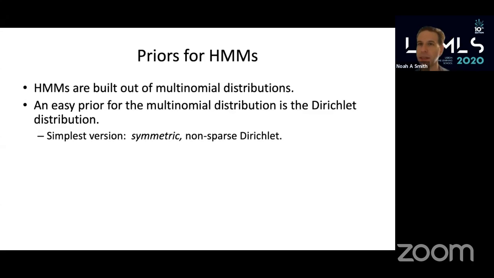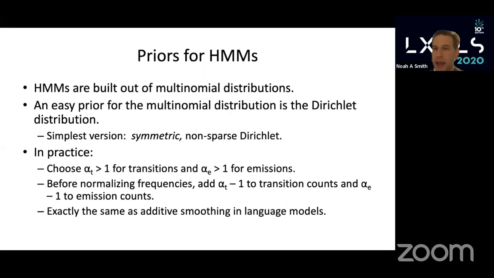So you can think of a Dirichlet as like a random process for making dice. The simplest version is something we call a symmetric non-sparse Dirichlet. And I'm not gonna walk you through the math because it's a little intimidating, but I am gonna walk you through how you can use it in practice. And you can read up more if you're interested in the theory behind it and the generalization.